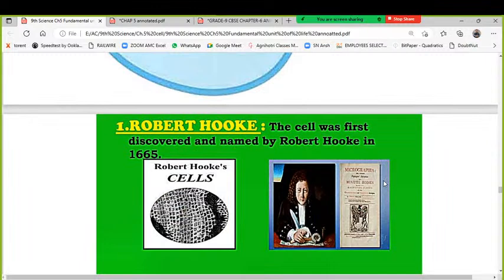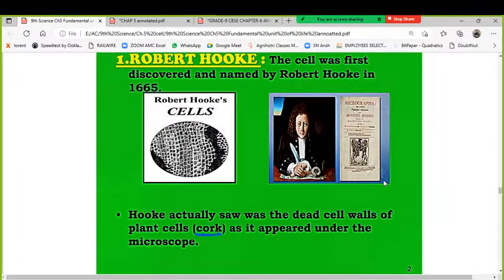The cell was first discovered and named by Robert Hooke in 1665, and when Robert Hooke observed this using his own microscope, he found that it looks like a honeycomb, and these are very small apartments, like a small apartment. That's why he named it cell, which actually means a little room.